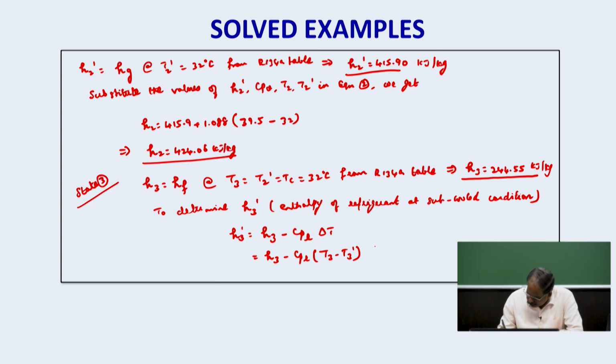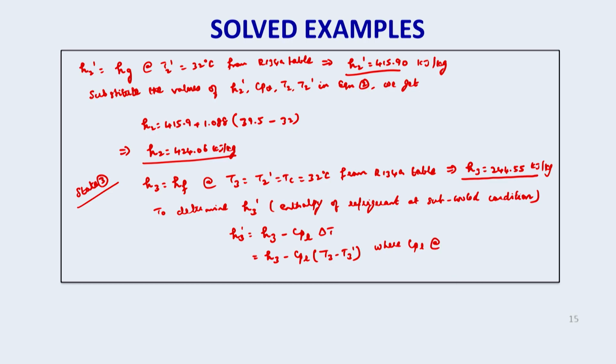Where Cp of liquid is to be evaluated at the mean temperature of T3 and T3 dash, the average temperature, T3 plus T3 dash by 2. So Cp of liquid has to be found at the average of these two temperatures.